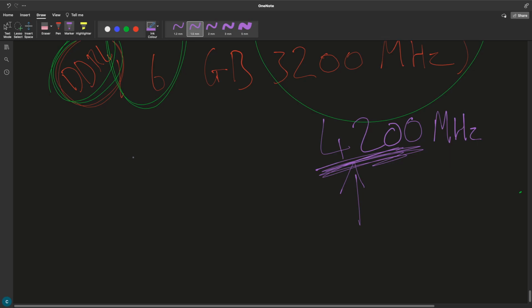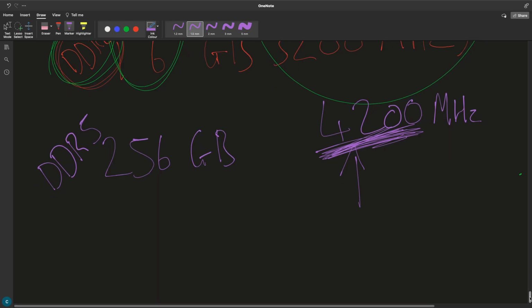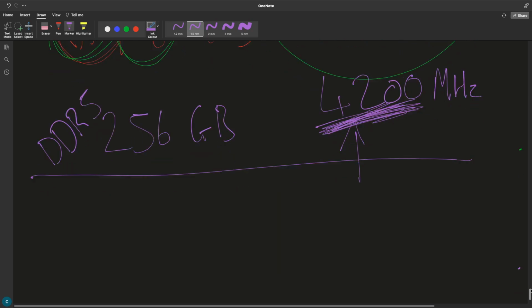And I'd probably want to put several DIMMs in as well. So I'd overall have like 256 gigabytes running at 4,200 of DDR. I mean, if you can get DDR5 at the moment, it would be incredibly expensive, but DDR5 RAM as well. Perfect.